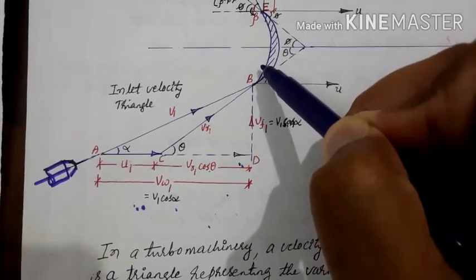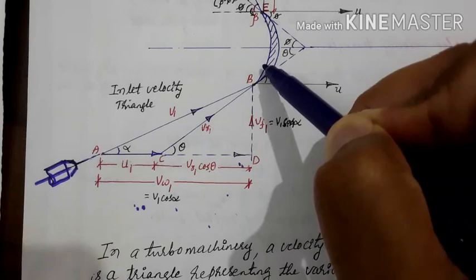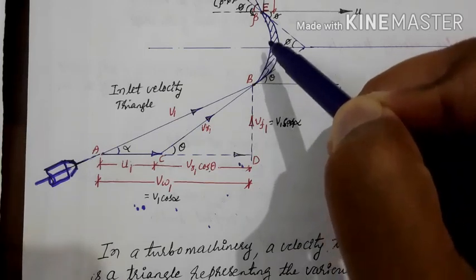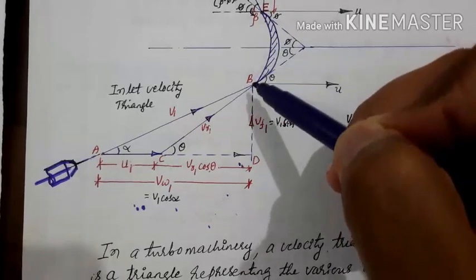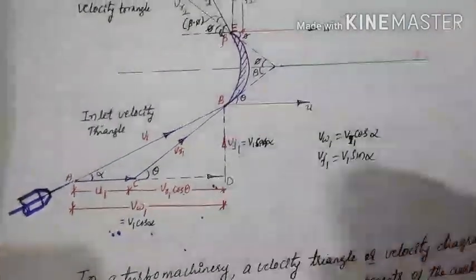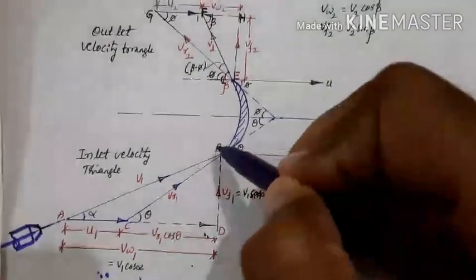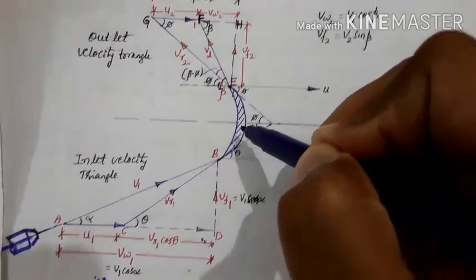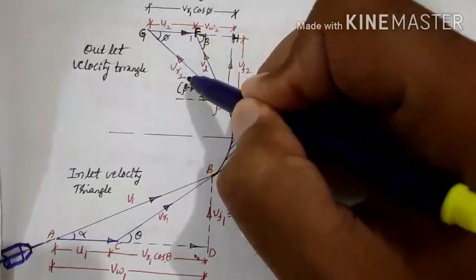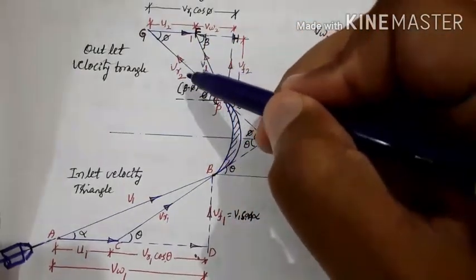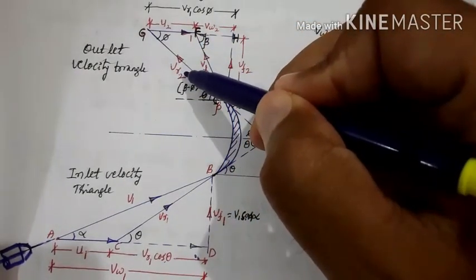Due to that, when the fluid comes out of the blade, it may have a different relative velocity, that is VR2. If this is VR1, then it glides over the surface like this, and it comes out with this velocity. This is called VR2.